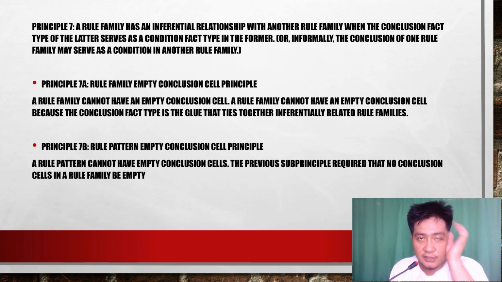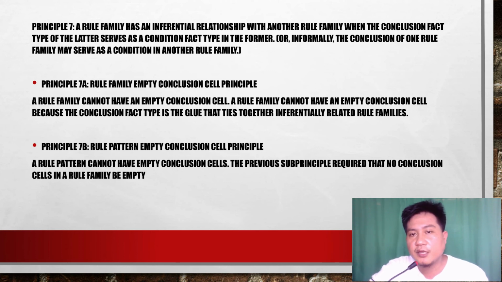Now the last principle is principle 7. A role family has an inferential relationship with another role family when the conclusion fact type of the latter serves as a condition fact type in the former, or informally, the conclusion of one role family may serve as a condition in another role family.